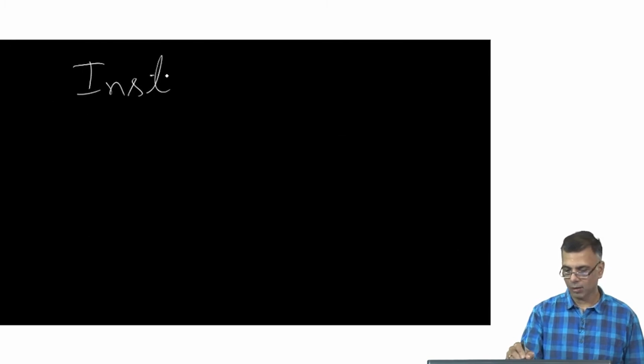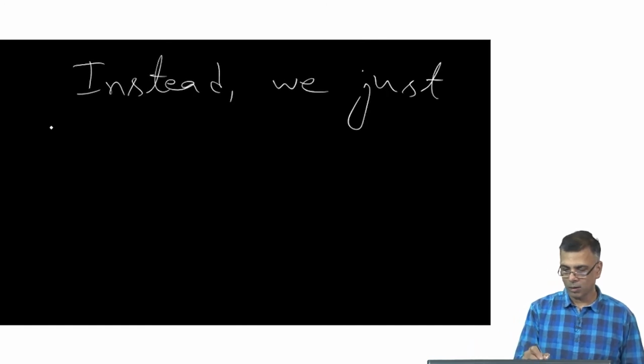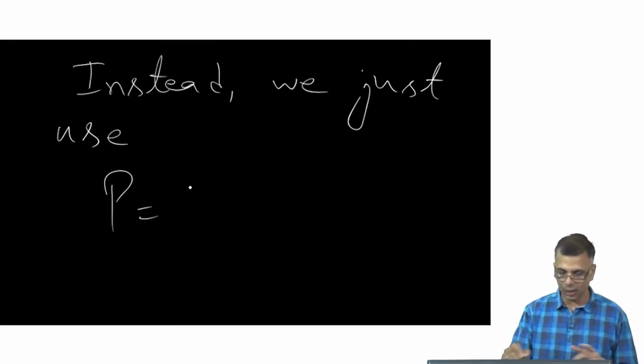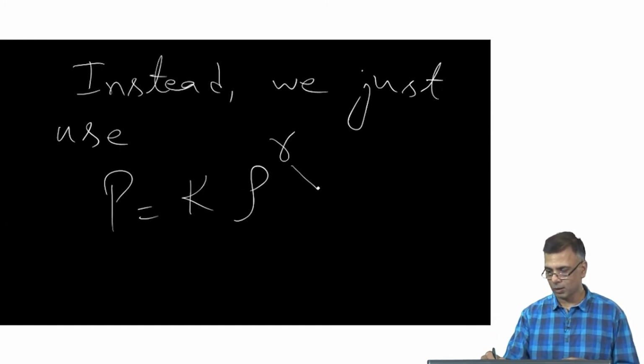Instead, we just use something like P equals K rho to the gamma. Now this K is not the same as the other K that appeared in the conductivity, and gamma would be an adiabatic index.